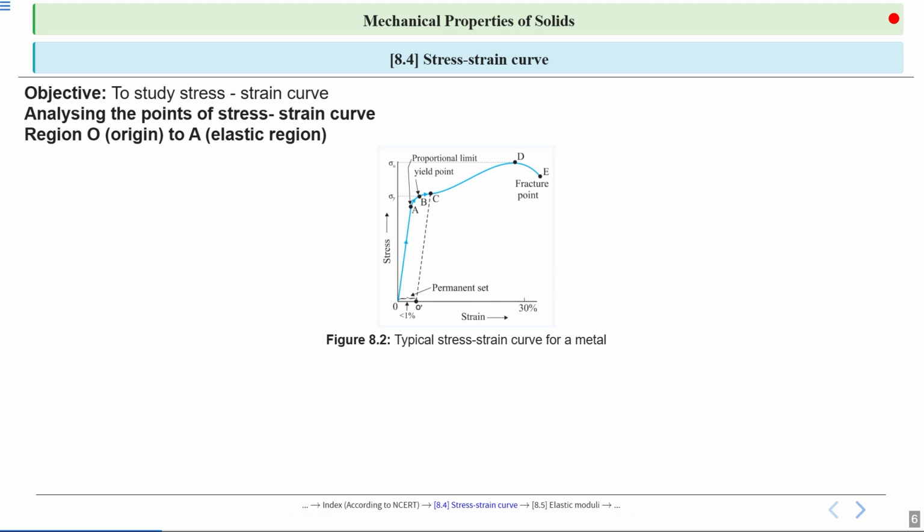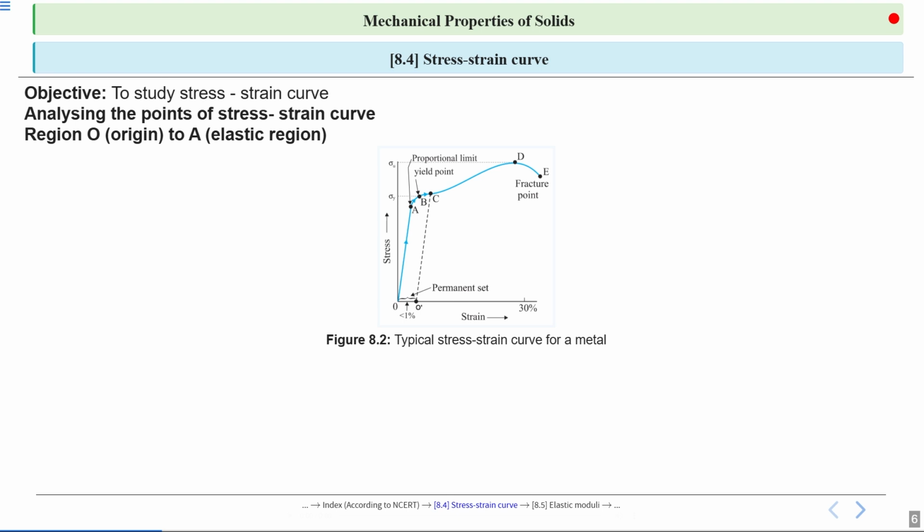You can see in the diagram here that this line is the initial straight part of the curve. In this region, the material behaves elastically, meaning it will return to its original shape if we remove the force.